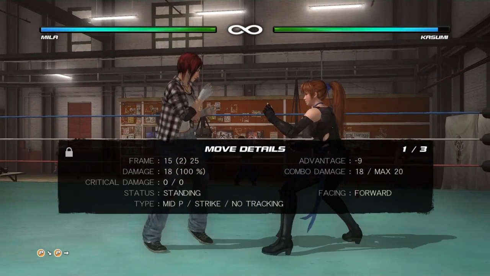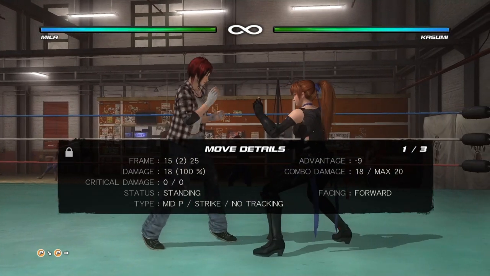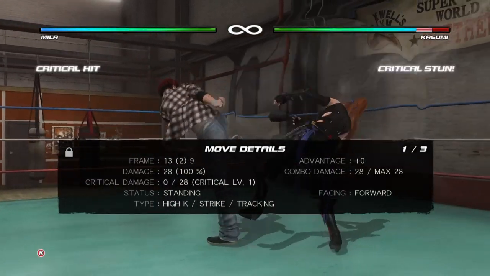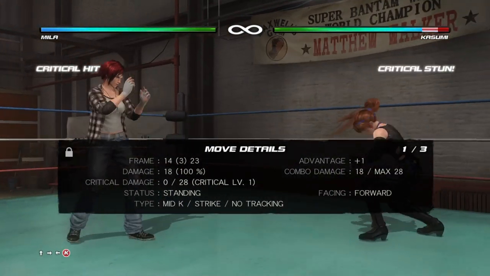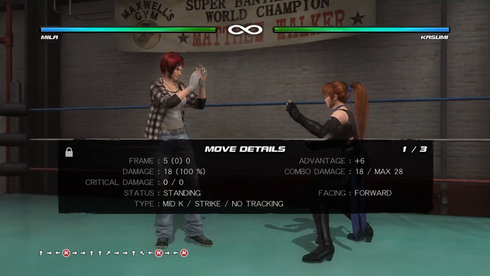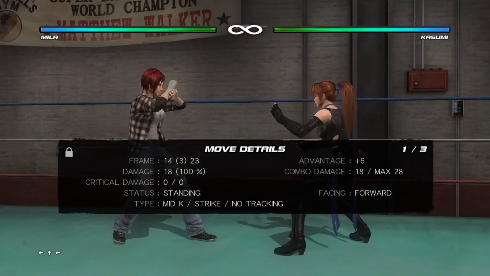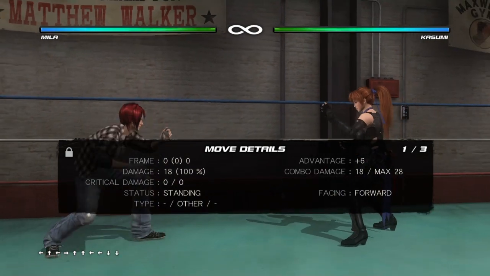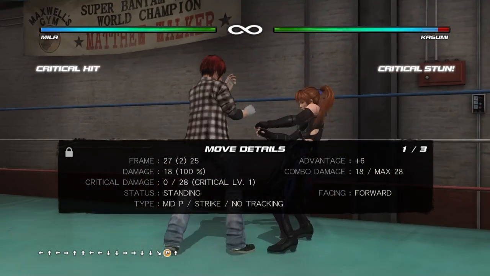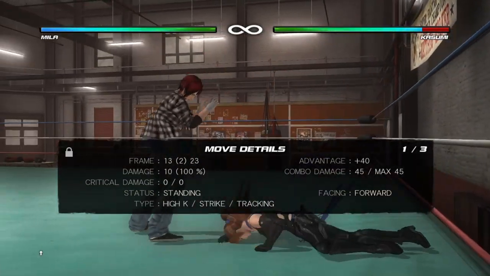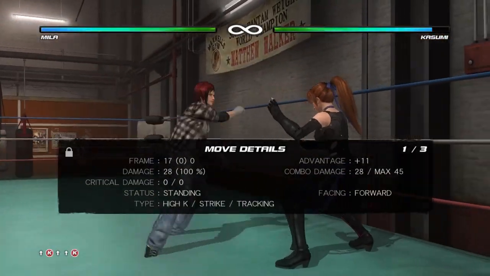So let's see what we got here. What do we actually got here? It feels like a boxer, kickboxer. Good range, I guess. Not as good as probably ninjas, because Kasumi can go from one side of the stage to the other. What have we actually got here though? Sidestep. Let's see sidestep K. Does she have sidestep K?